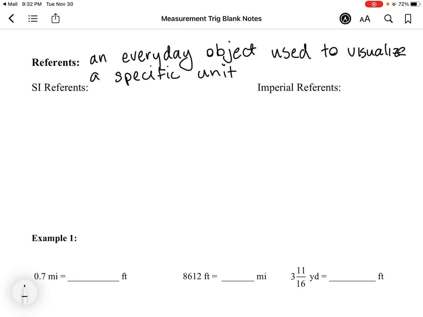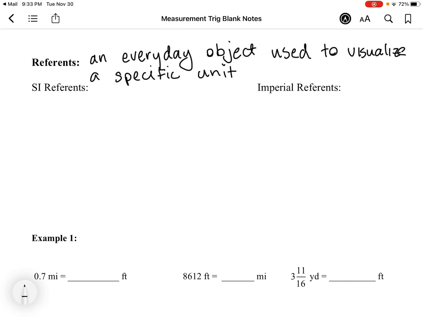These referents are usually somewhat individual because you want to think about what can you think about in your life that you can use to picture, for example, 1 millimeter or 1 yard. Or even, we're not going to talk so much about mass or volume in this course, but what does 1 pound feel like, for example, or 1 kilogram? Or what does 1 liter look like? That's another example. That would be a volume example.